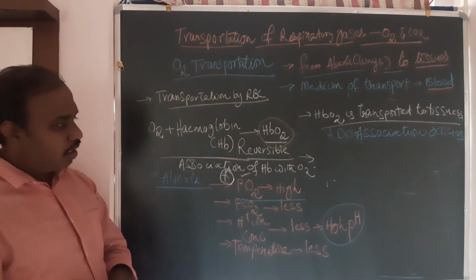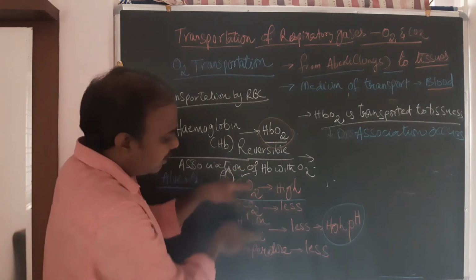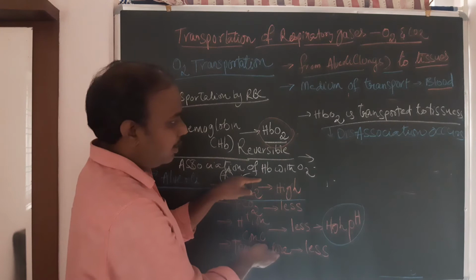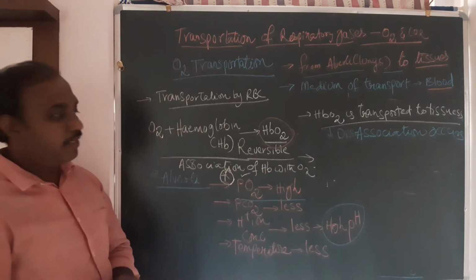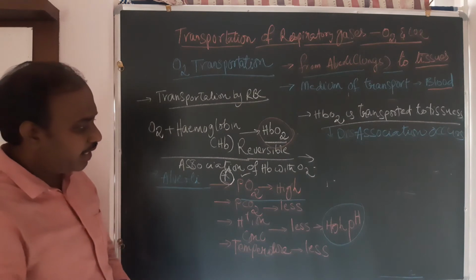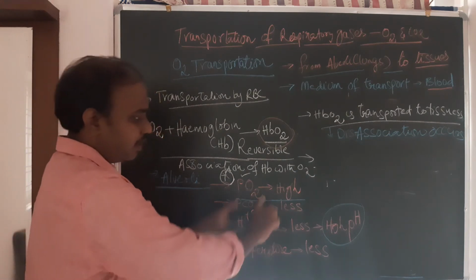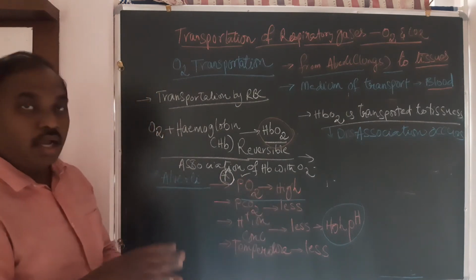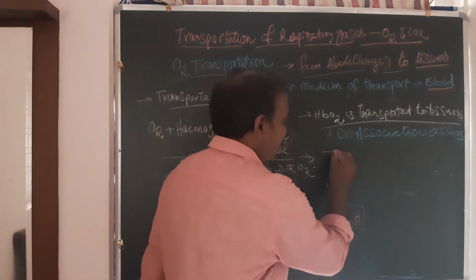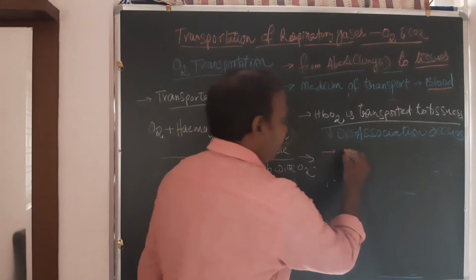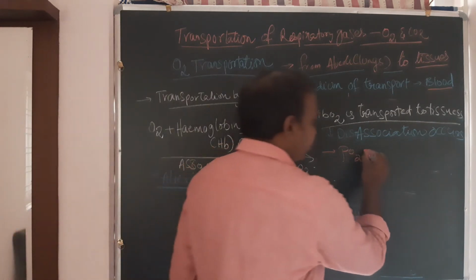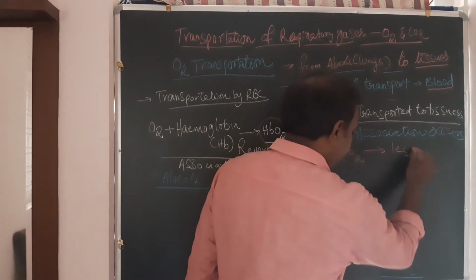The reason is, whatever the factors that are existing here will be reversed here. The opposite set of factors will be there. What does that mean? These are the same factors, but their conditions will vary. What is the situation of PO2? Partial pressure of oxygen is less now.